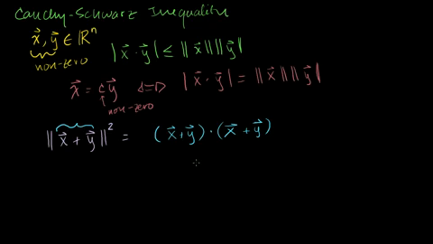x dot x. Actually, let me write it as a distributive property, because that's sometimes not obvious to a lot of people. So let me write this x as a yellow x, and let me write this whole term as x plus y. So this right here can be rewritten as x dot this x plus y, and then plus this y dot x plus y.